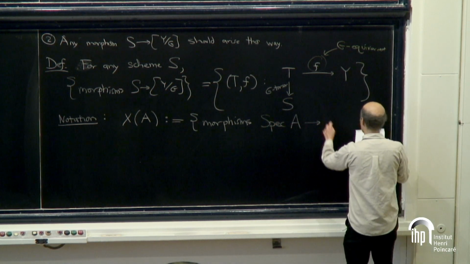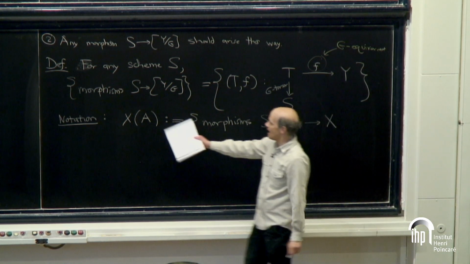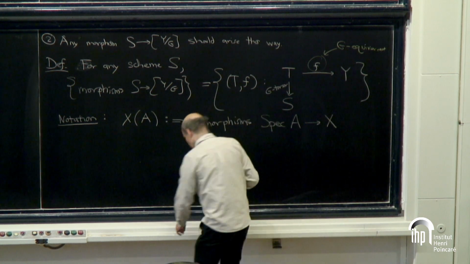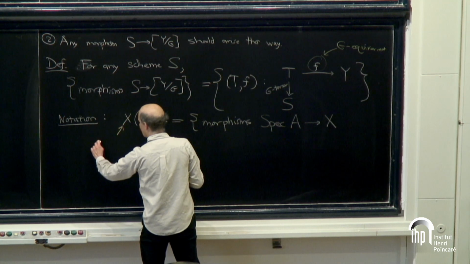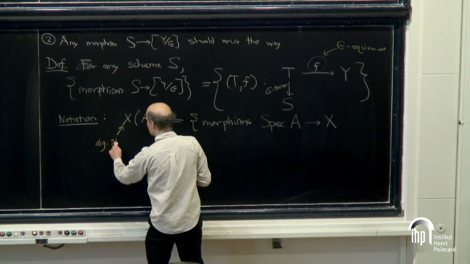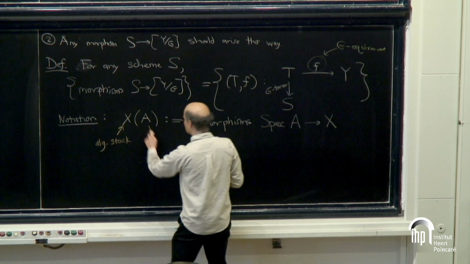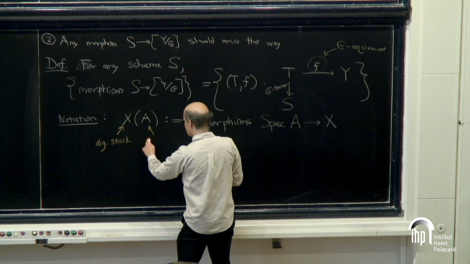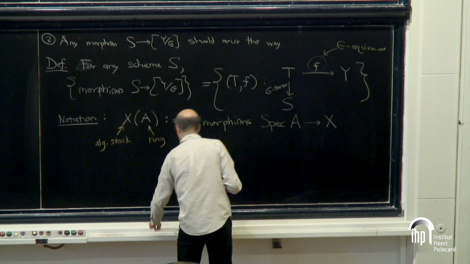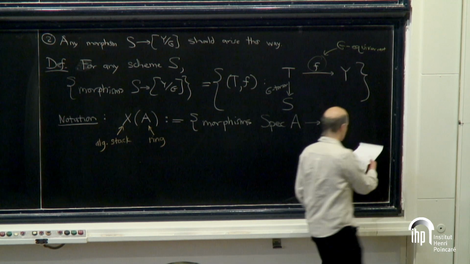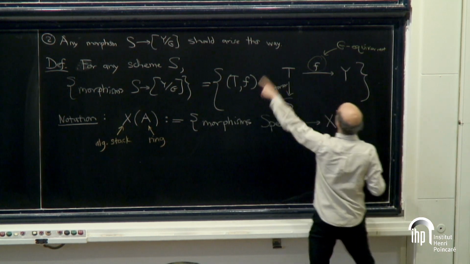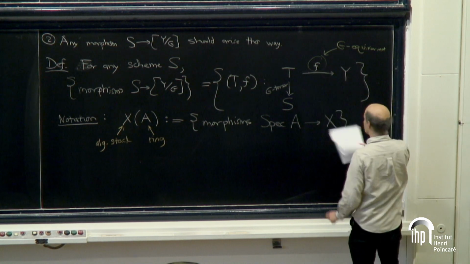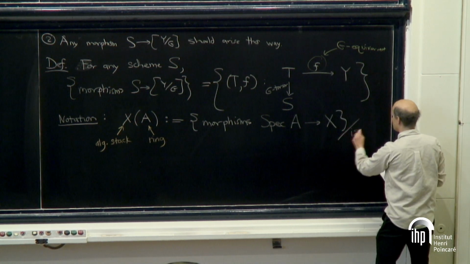If I want to speak about the A-valued points of a stack, where X is any algebraic stack, which I haven't given you the full definition of, and A is any commutative ring, then I will take the category, take this set of things, and take the isomorphism classes in that.